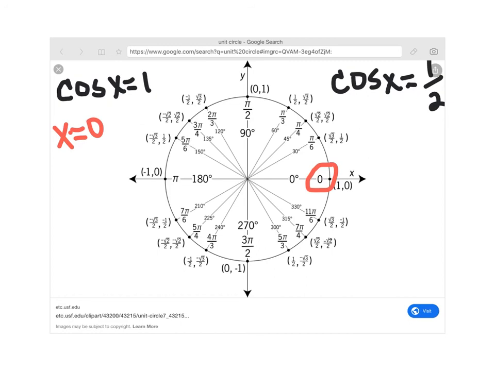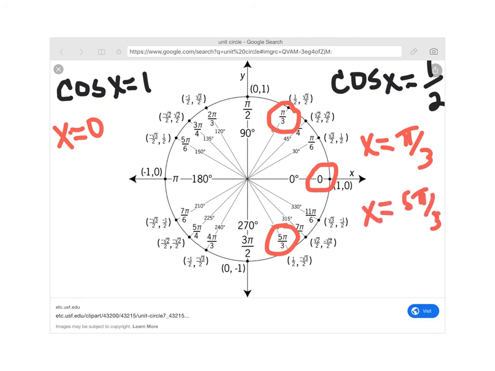Whereas cosine 1/2, again, cosine is my x, so it looks like positive 1/2 lies at pi over 3, and down at 5 pi over 3. So it appears there are 3 angles that will make this equation true: 0, pi over 3, and 5 pi over 3.